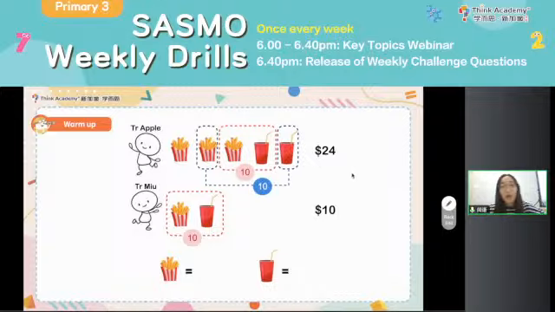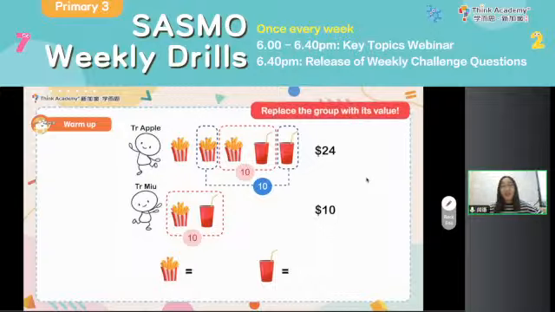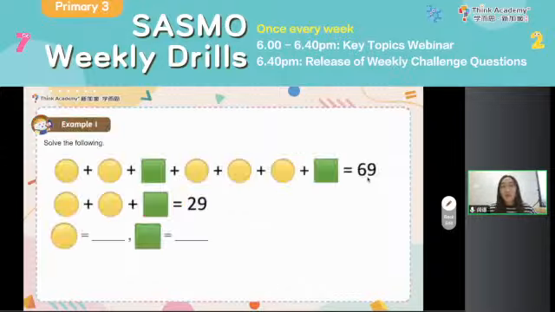So following this, we know that 10 plus 10 and then plus French fries is 24. So you can figure out French fries cost $4. Okay, so again, the point is the same. That is, we try to replace the group with its value. So if you can understand the basic one, now let's move on to the real competition question.